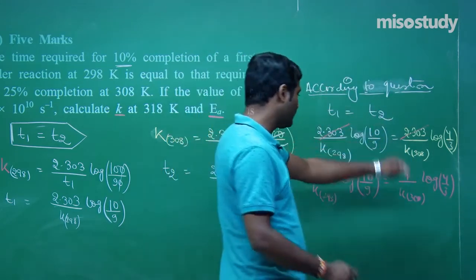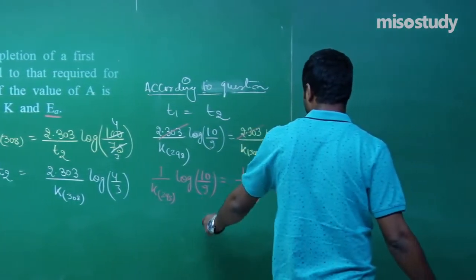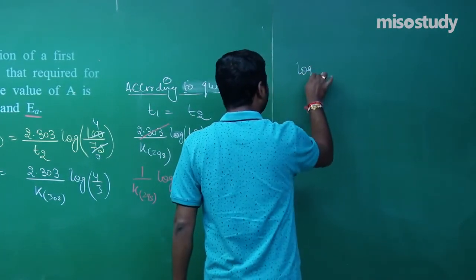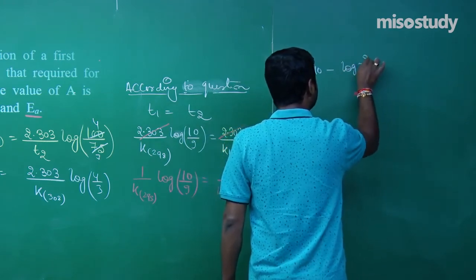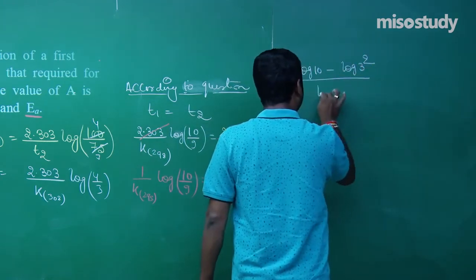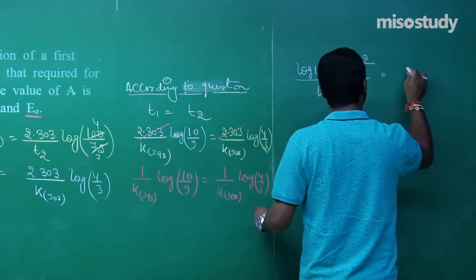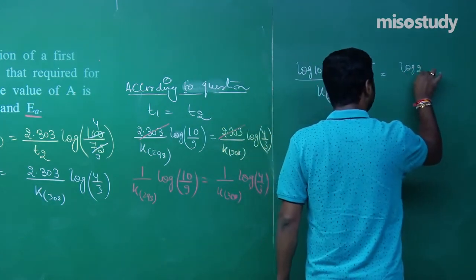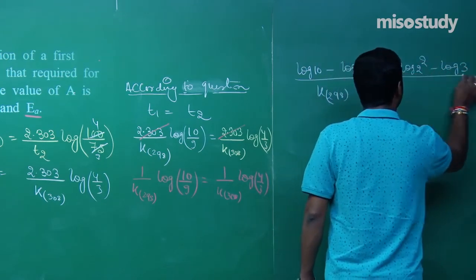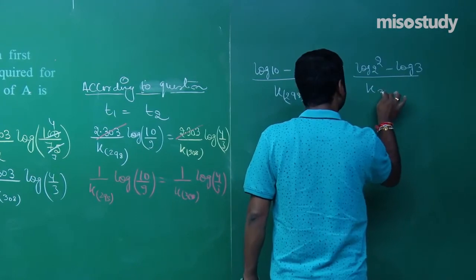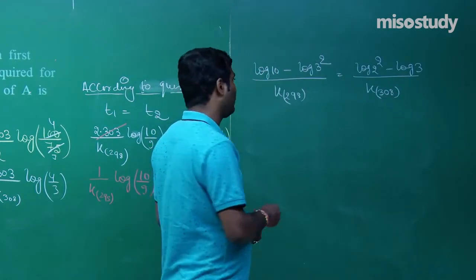Clear? Now moving here, we can write log 10 upon log 9, that is 3 square, upon K298 is equal to log 2 to the power 2 minus log 3 upon K308. Clear? Now what do we observe?